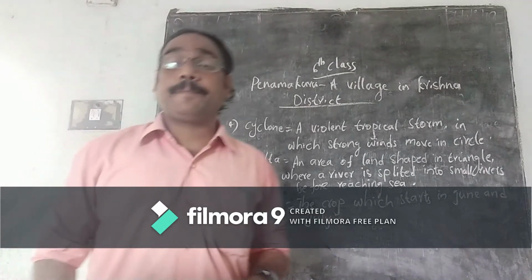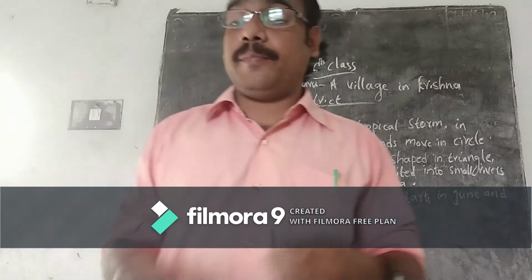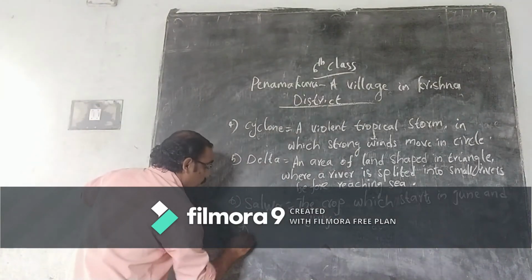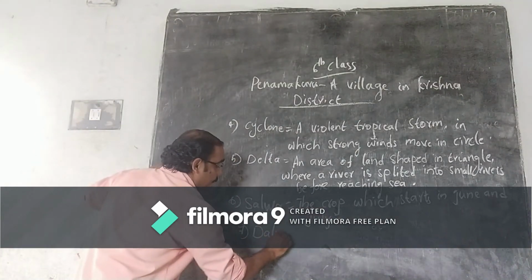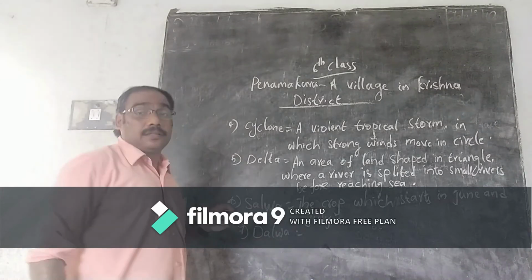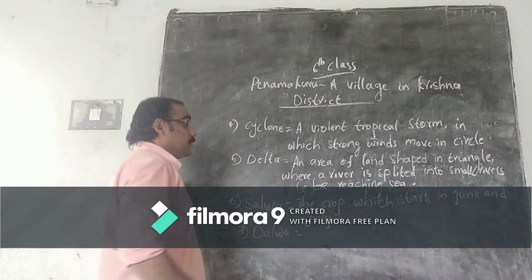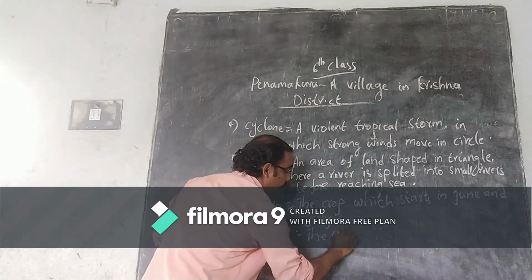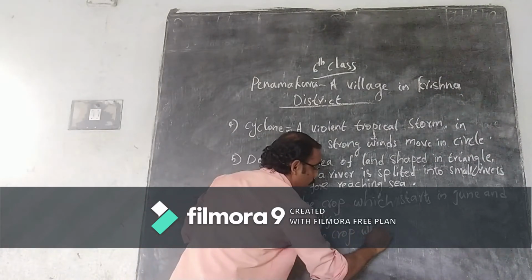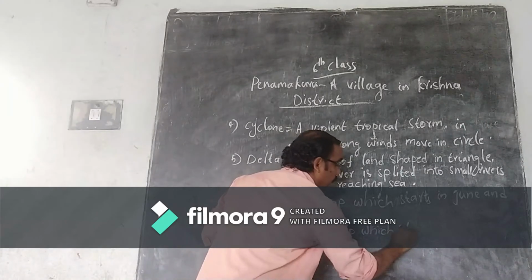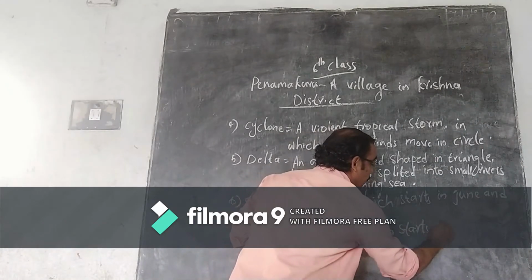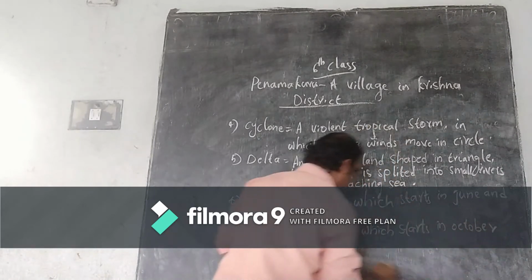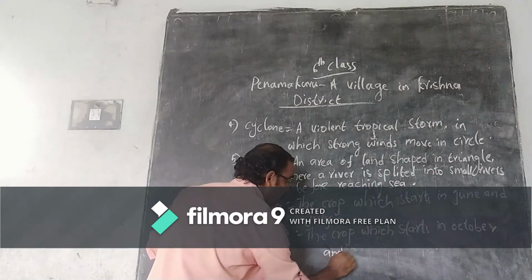What is the other word? Dalva. Dalva means the same, but in October and November. The crop which starts in October and November.